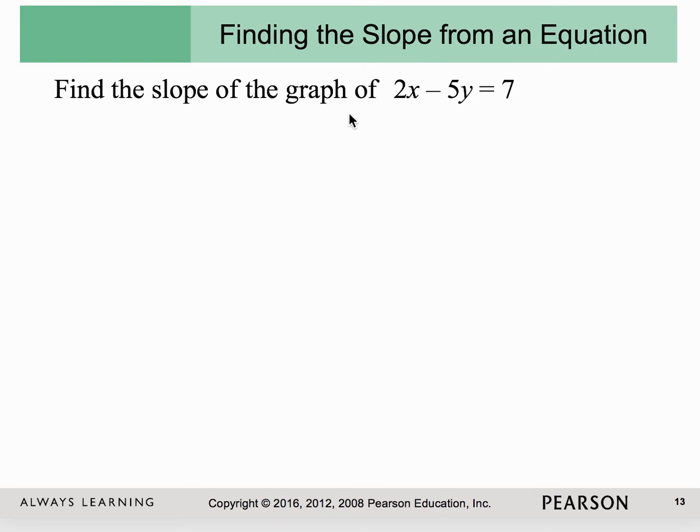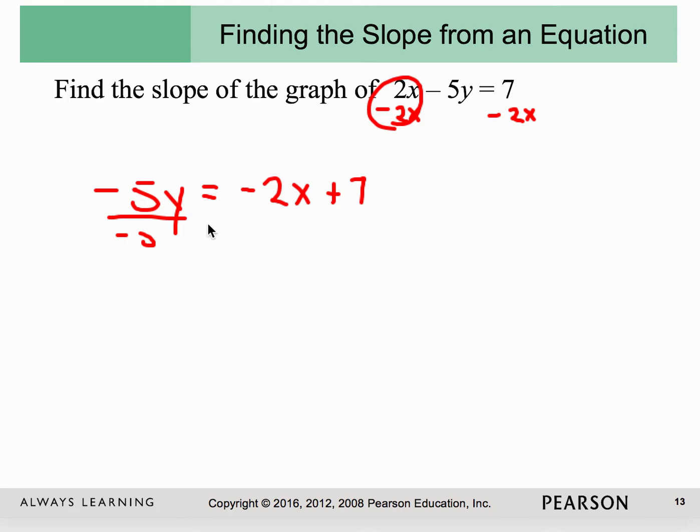Okay, so if I'm finding the slope of this, I want to solve it for y. So I have -5y equals -2x plus 7. Solve it for y until you get the y all by itself.